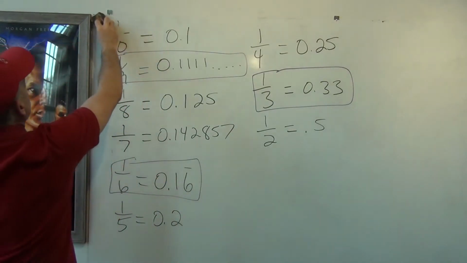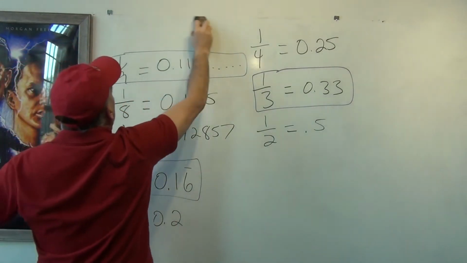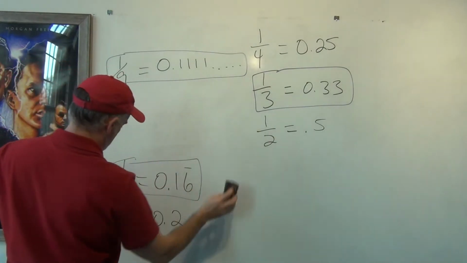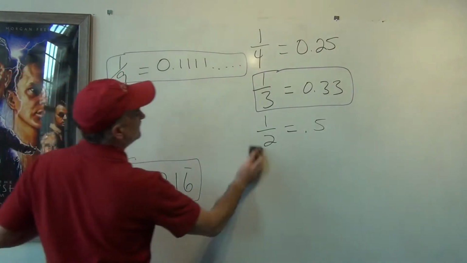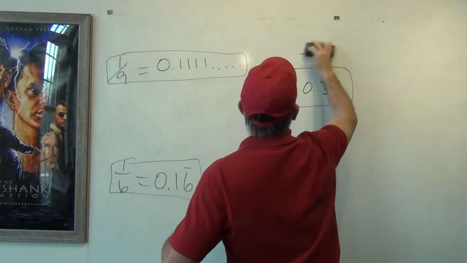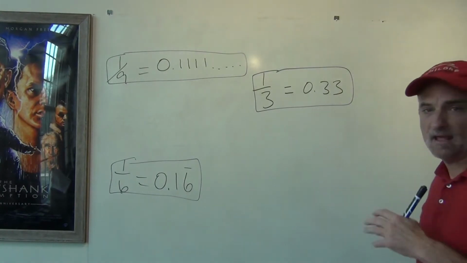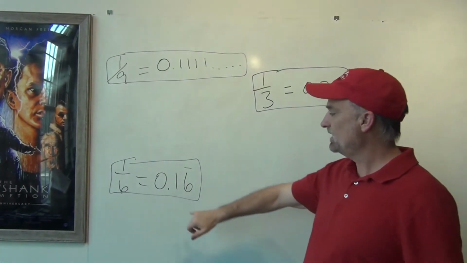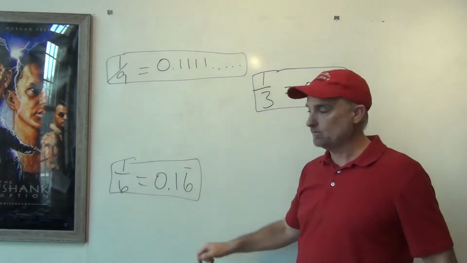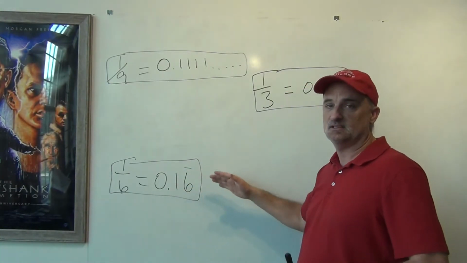Okay, so let's just get rid of all the chaff here. Now let's take a look at these 3 and narrow it down even more. Right off the bat, what I see here is there is actually a 1 that does not repeat. It's the 6 that repeats, so 0.166666.